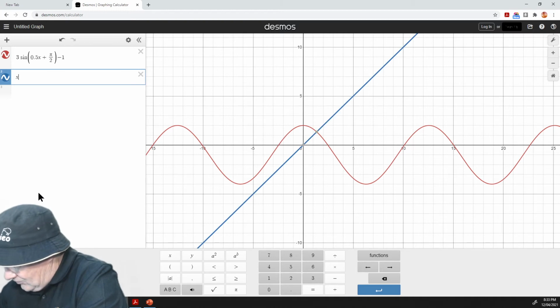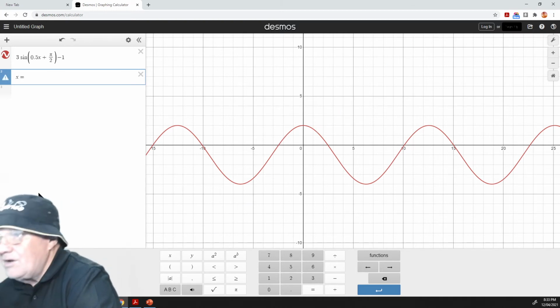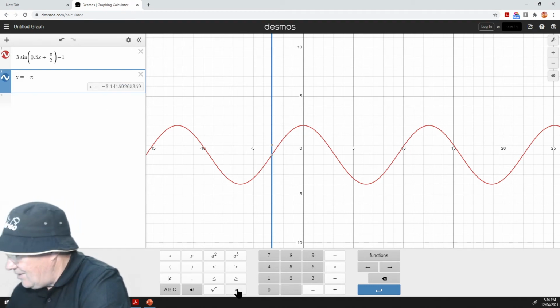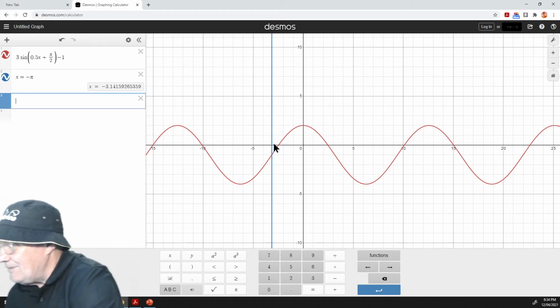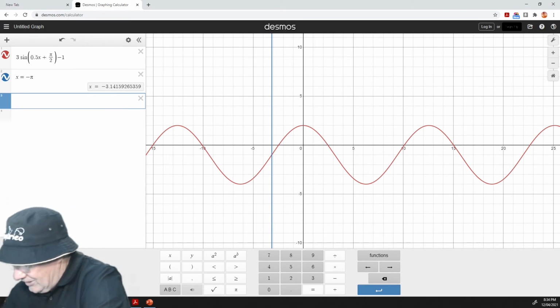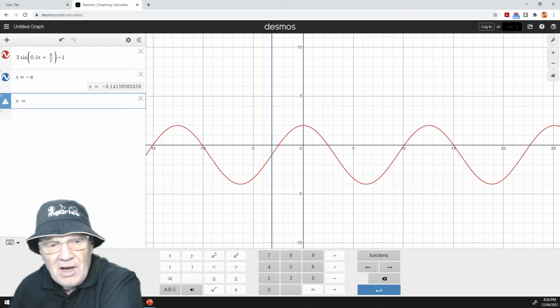Yes, x equals negative pi in there. And that's a line coming in here.